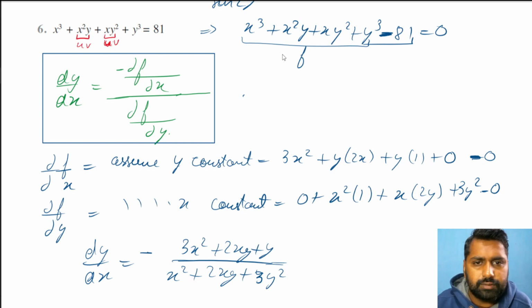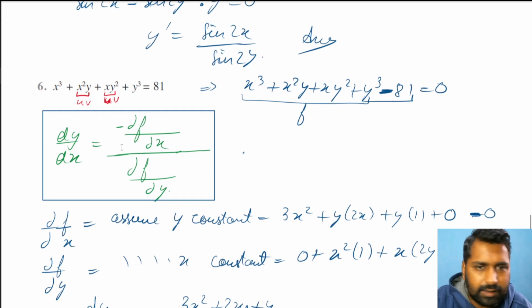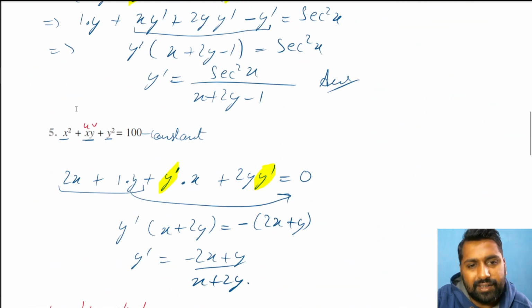That will be your function. When you are differentiating with respect to x, assume y to be constant. So if y is constant, y square will be constant, y cube will also be constant. Similarly, if you are differentiating with respect to y, assume x to be constant.